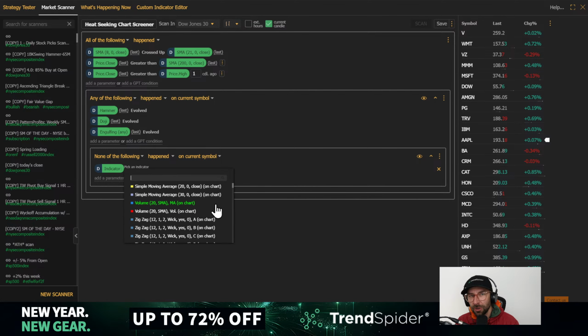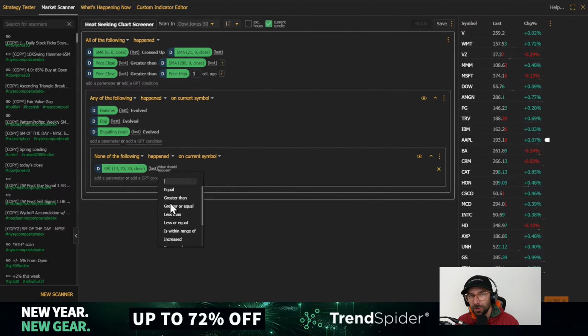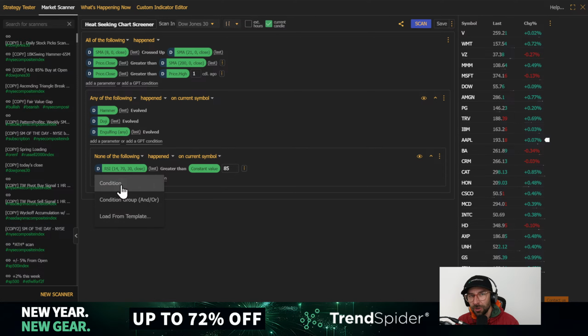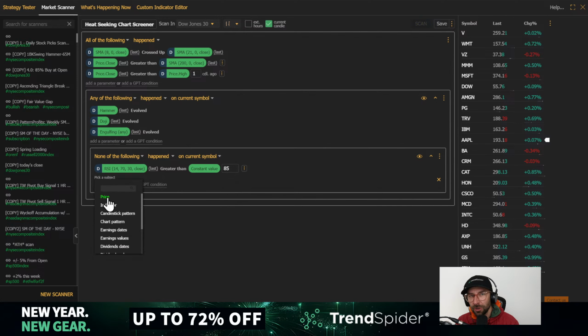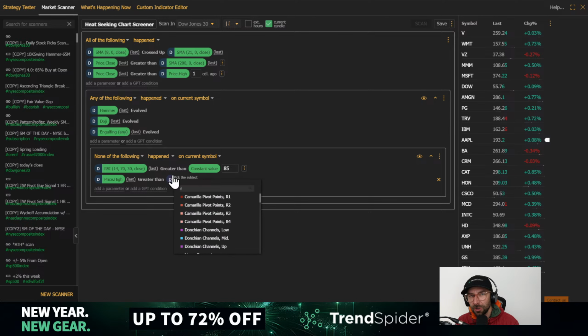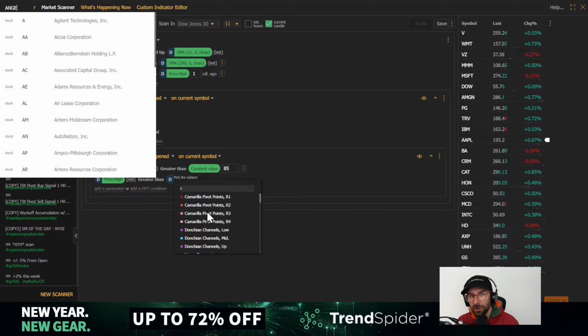So we'll go back and say RSI greater than a constant value of 85. And there you go. And maybe we also don't want price making a new 52-week high today. Price daily high greater than indicator weekly range. Let's make it weekly range.